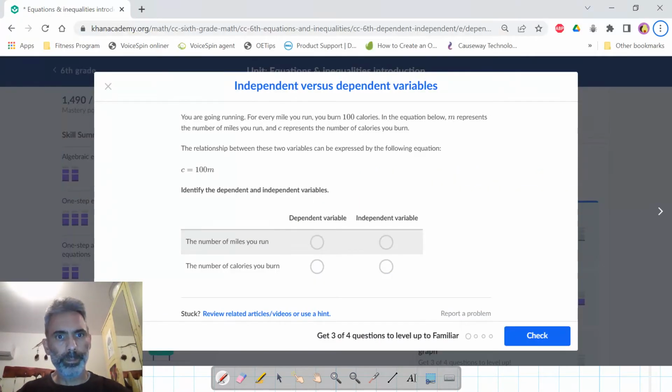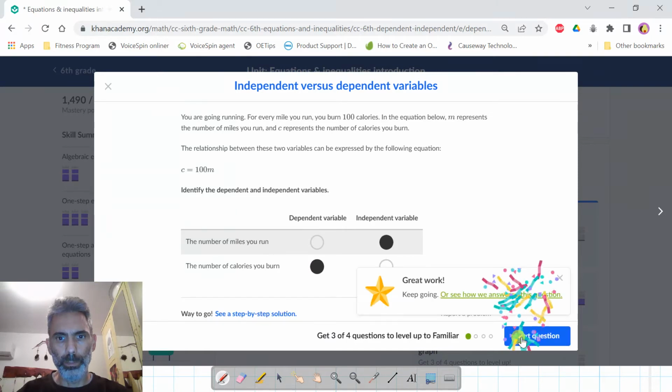Okay. So the number of miles you run is the independent variable and the number of calories you burn is the dependent variable. Okay.